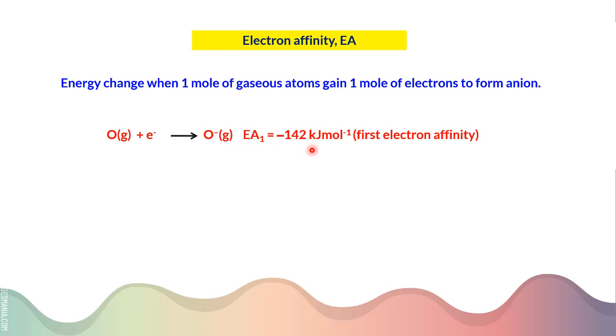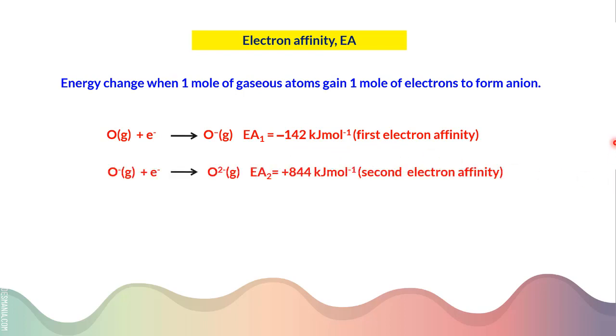This process is called the first electron affinity of oxygen. 844 kilojoules of energy is absorbed when 1 mole of O- gaseous ions gains 1 mole of electrons. This process is called the second electron affinity of oxygen.